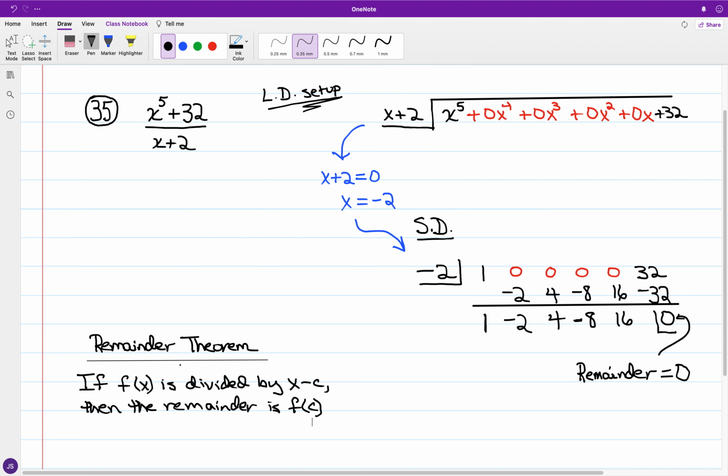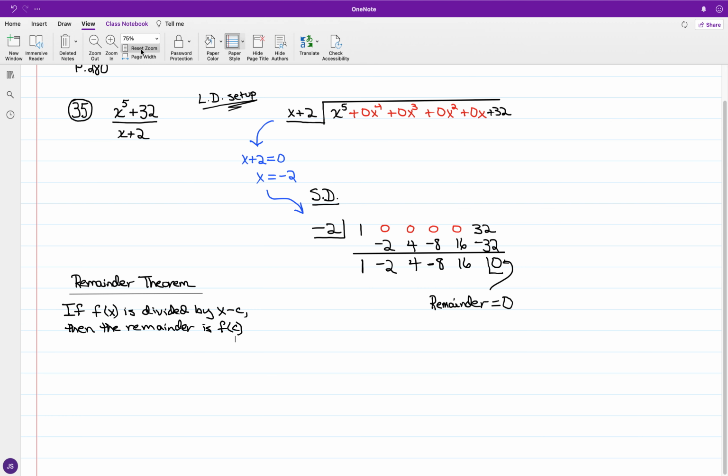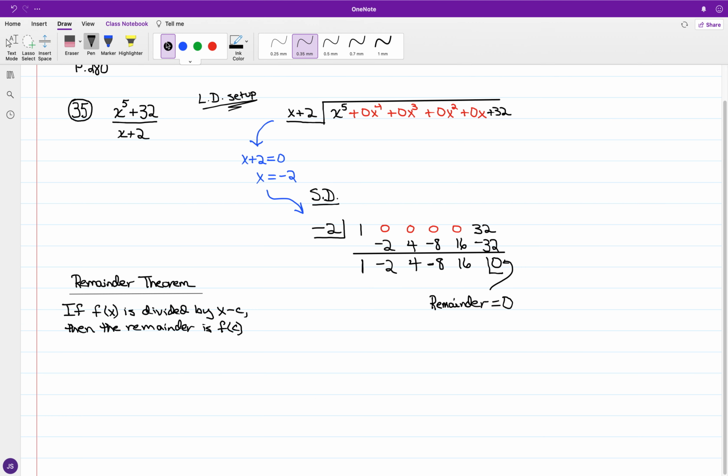So in reference to number 35, for your f of x, we have f of x is equal to x to the fifth plus 32. And again, we had the divisor x plus 2.